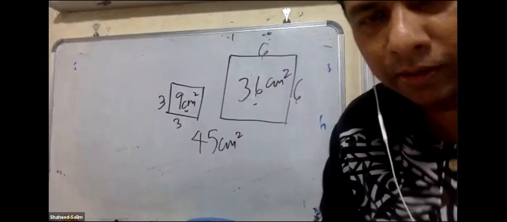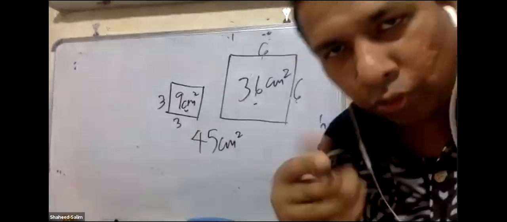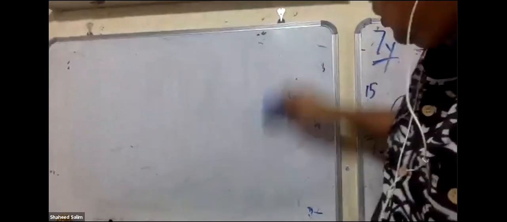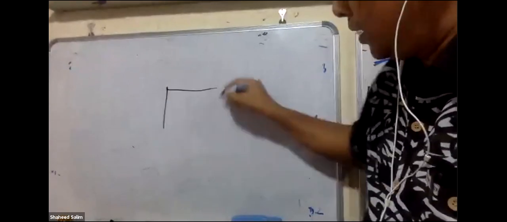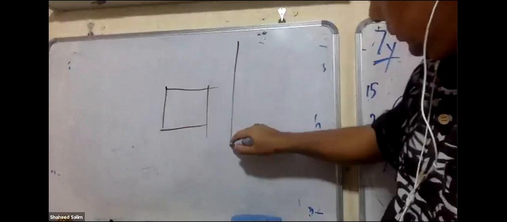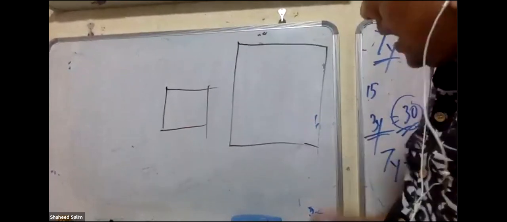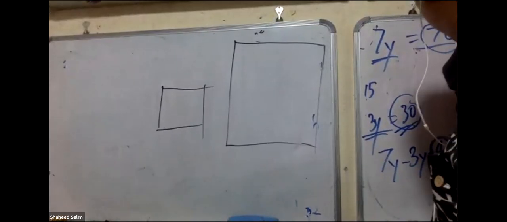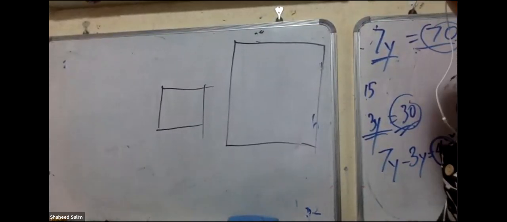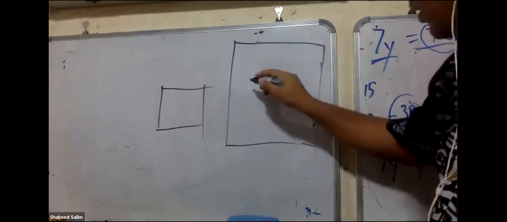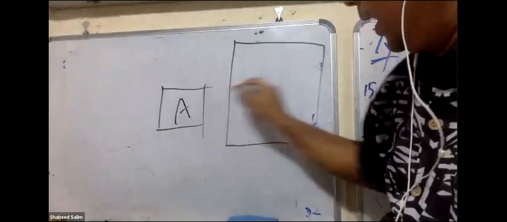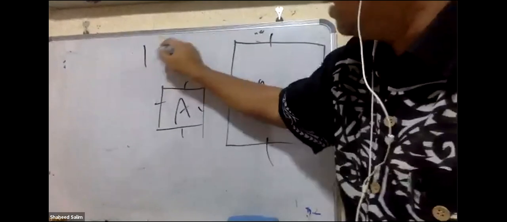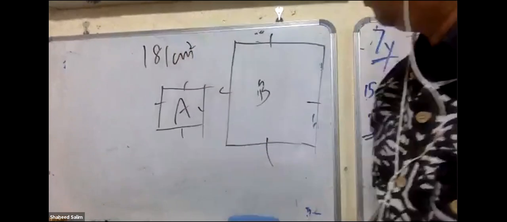Easy enough. Okay, I'm now going to give you my own question. You try to do this, because you must be very, very clear. There are 2 squares. The combined area of A and B squares is 181 square cm.